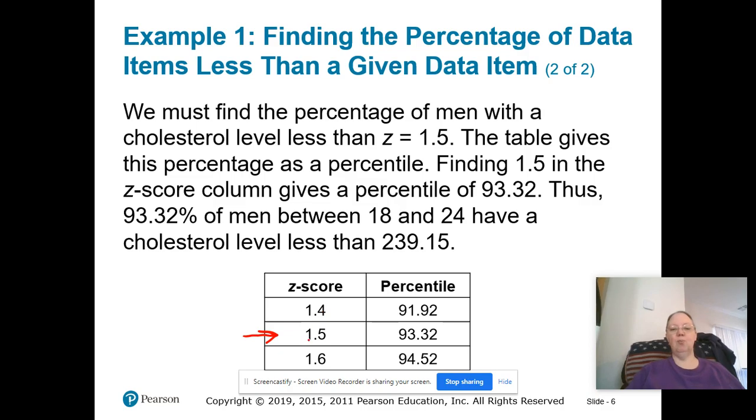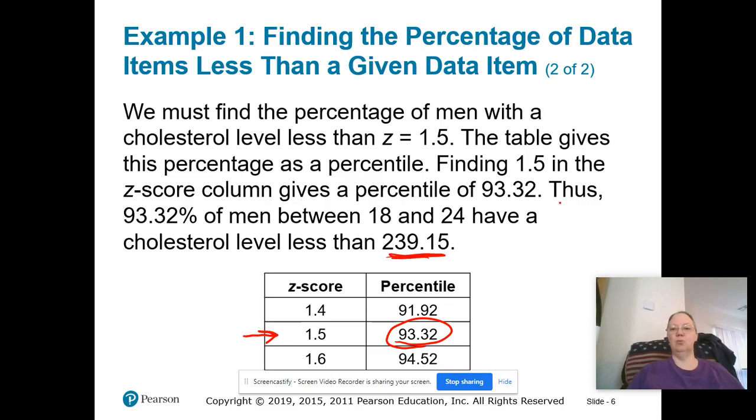So z-score of 1.5 gives us a percentile of 93.32. Remember what percentile means. It means that 93.32% of the data items will be below this 239.15.